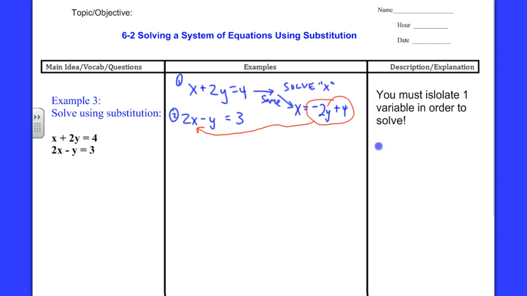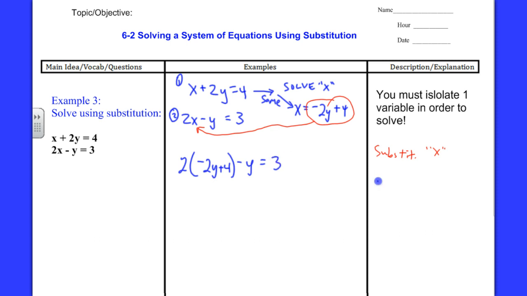So we're going to substitute x into equation 2, and when I do that, I get 2 times, instead of writing x, I'm replacing it with that value of x, negative 2y plus 4, minus this y right here, is equal to 3.